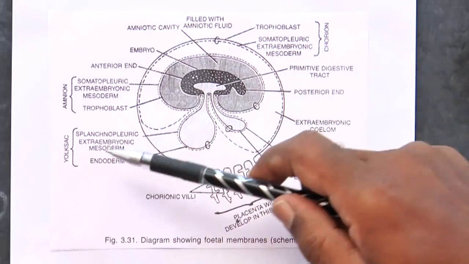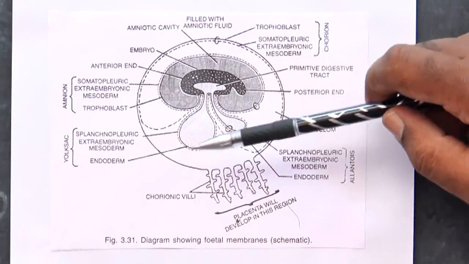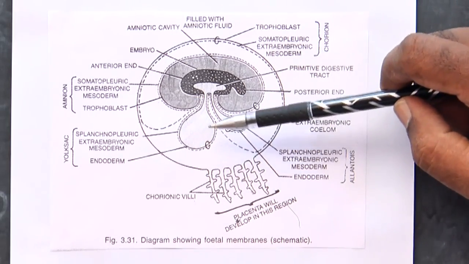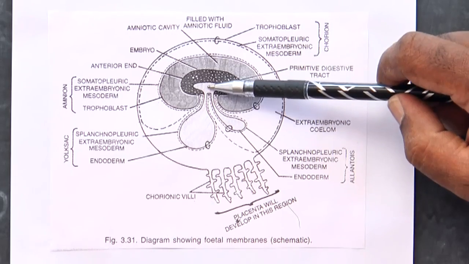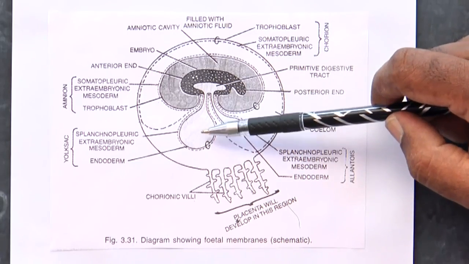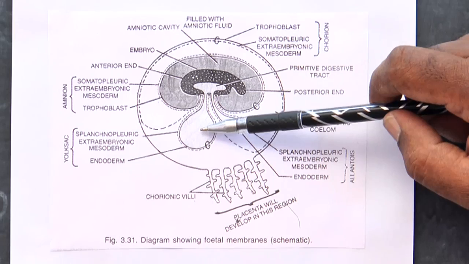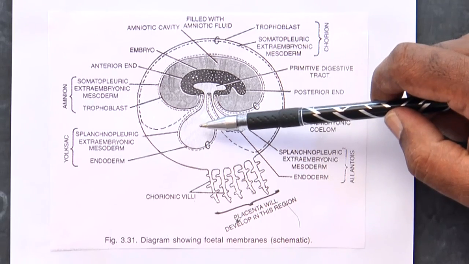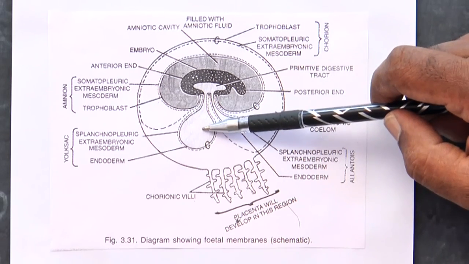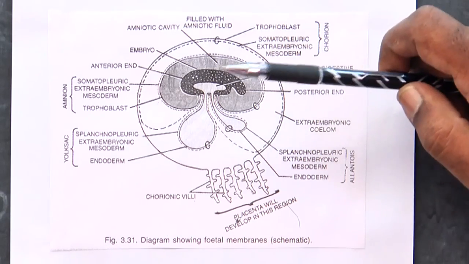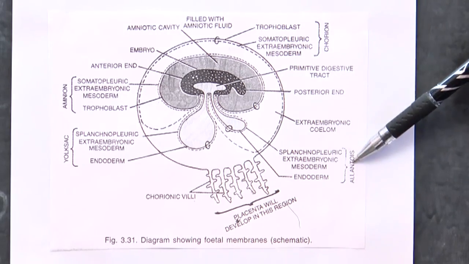Next is the yolk sac. The yolk sac forms a part of the gut. As we have already seen, it arises from the gut. It forms a part of the gut, and it is the source of earliest blood cells and blood vessels. Next is the allantois.